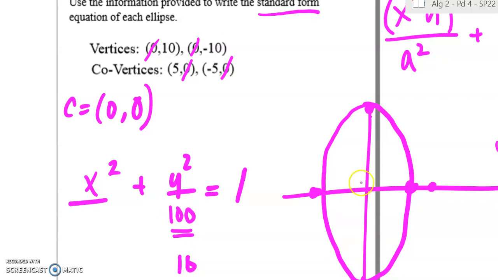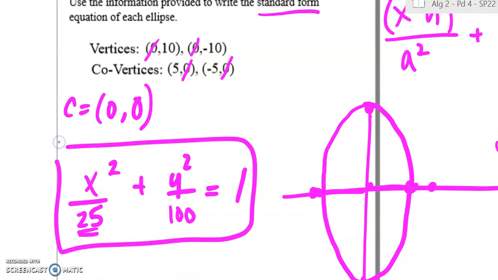And then I know from here I went 5 left and 5 right on the x-axis, which is why I'm under here, and some number when I take the square root of it has to be 5. So yes, my number's 25. So that is how I come up with what the equation would be of the ellipse.